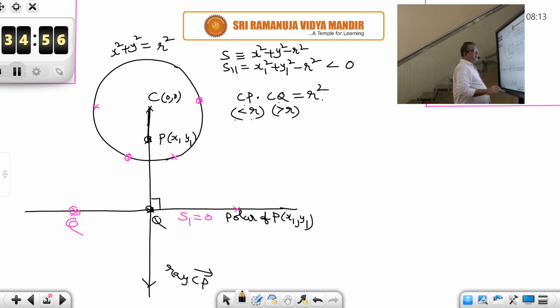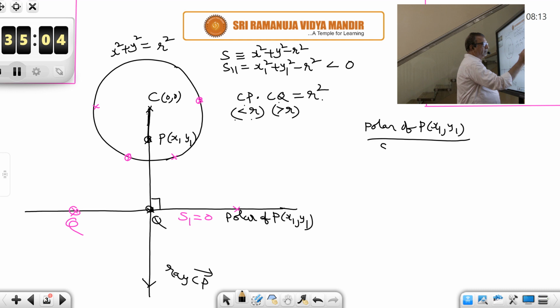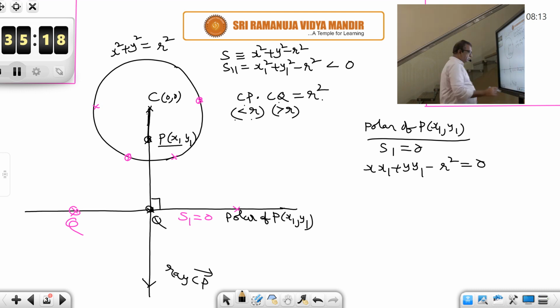Polar of the point is S1 equal to 0. So what is S1 equal to 0 for this point P with respect to the circle? xx1 plus yy1 minus r square is equal to 0. That is the polar. So that is the equation.